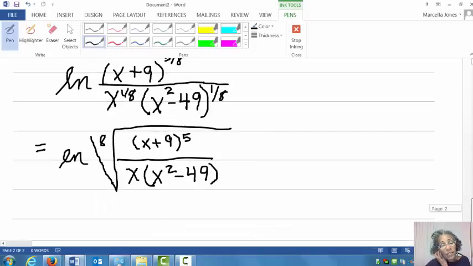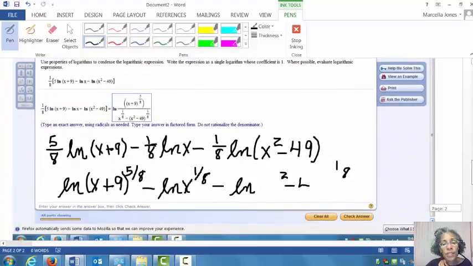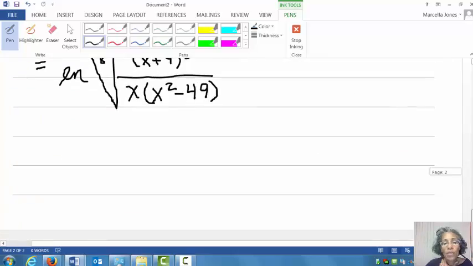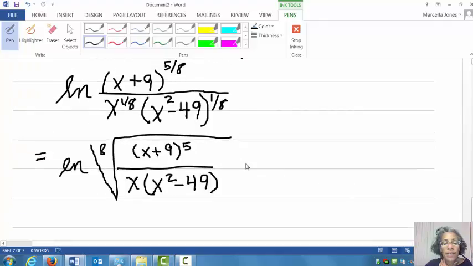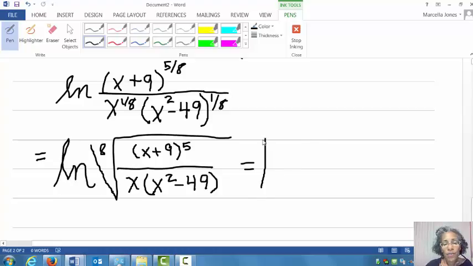All right, and let's look back at those instructions again, which tell me to type your answer in factored form. So, given that those are my instructions, even though this is numerically correct at this point, it would be marked incorrect because it's not in factored form.